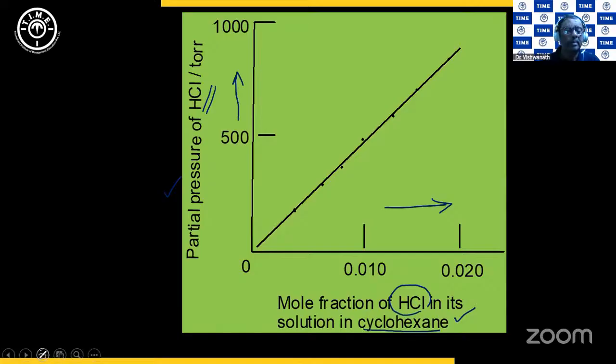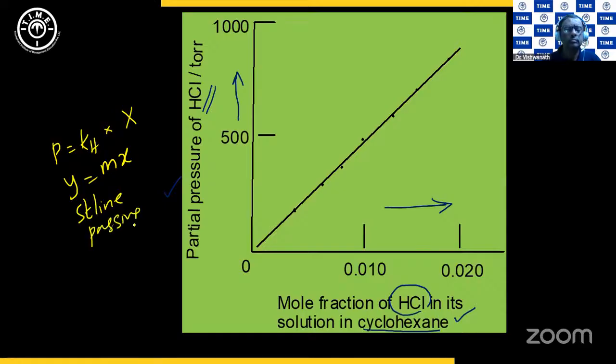Let us look at that part once again. P equals Kh into X. Is this not like y equals mx, which is a straight line passing through the origin? Yes, this is a straight line passing through the origin. And this m is the Kh value, which is the slope.